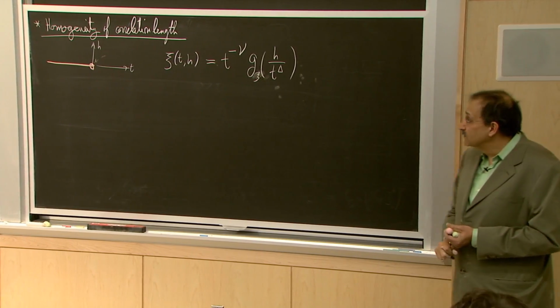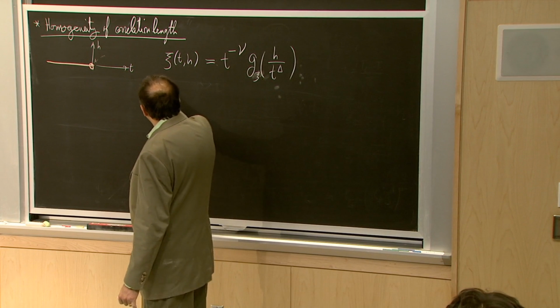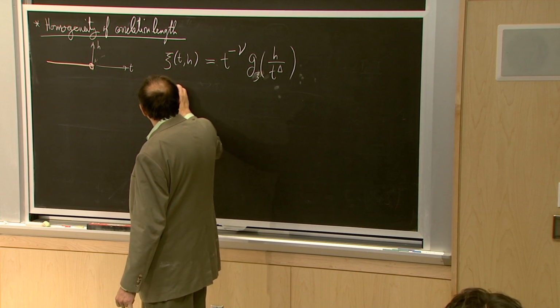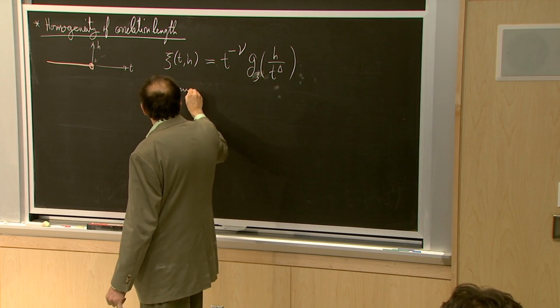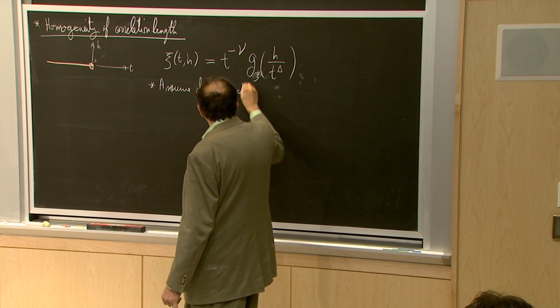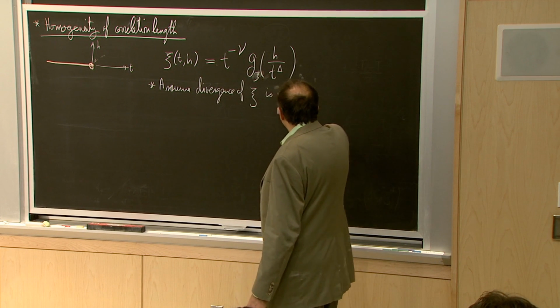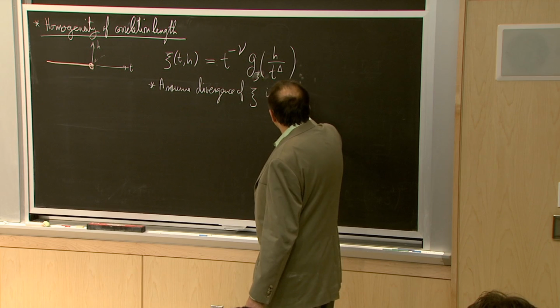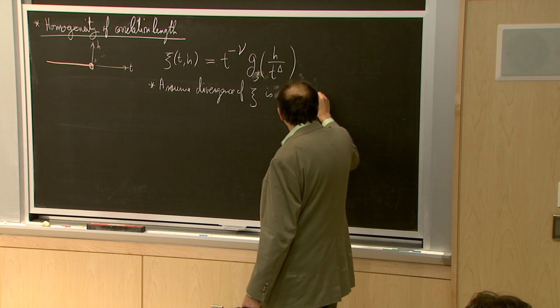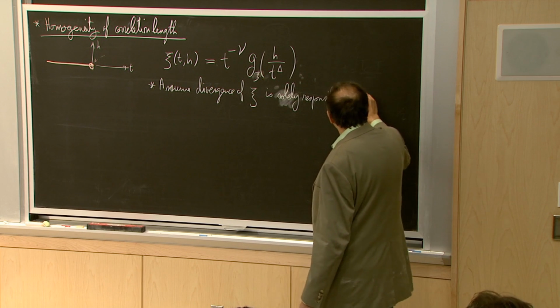So there is one other step that I will make. Assume divergence of the correlation length is responsible, let's call it even solely responsible, for singular behavior.